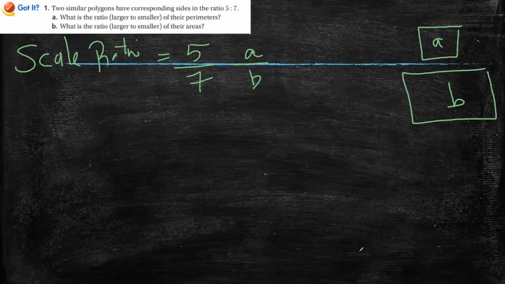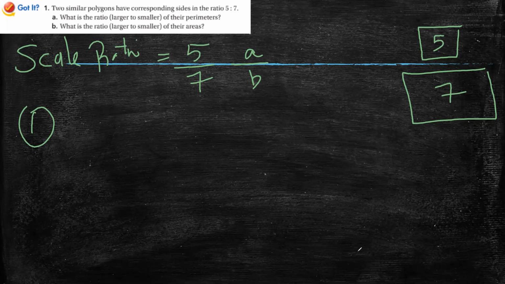That means the smaller one is 5 and the greater one is 7. Now the first question, what is the ratio larger to smaller? Be careful here.